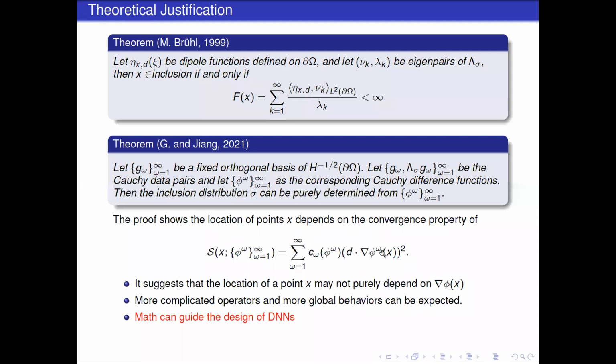If we check the details of the mathematical structure, this part only depends on the gradient of the data function at the given point to be located. But the coefficient here actually depends on the entire data functions. Those coefficients give the whole series more global structure. So if we just use the data at one point, we may not capture the structure very well. That explains why CNN works better.